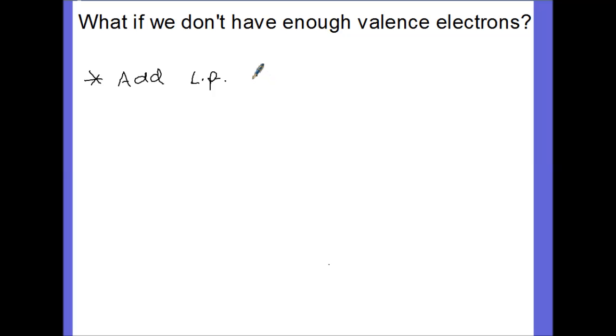You're just going to add them around the central atom, and keep adding them until you have the number that you need. So say your molecule has 30 valence electrons and you only have 26, you're going to add 2 sets of lone pairs to your central atom to make sure you get the correct amount. And then you're going to check your VSEPR chart.